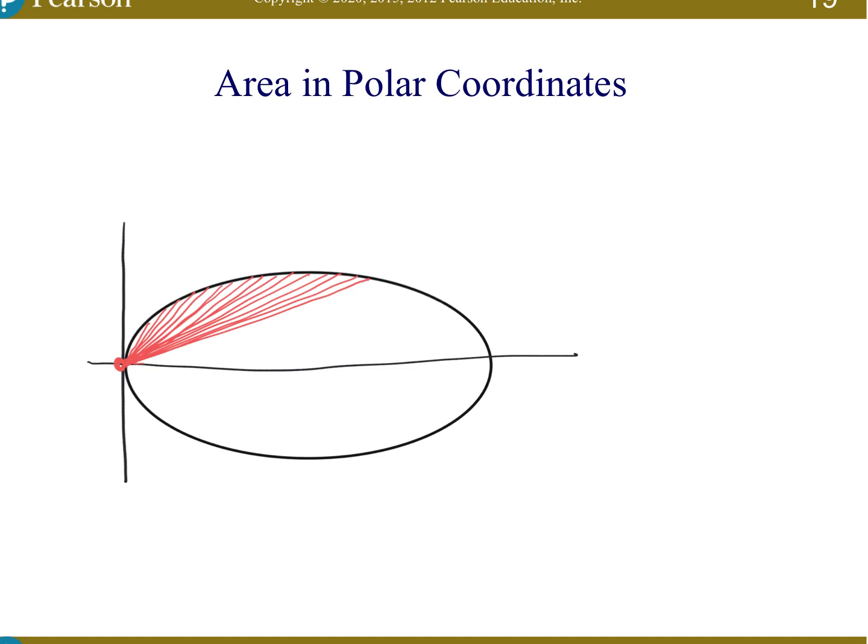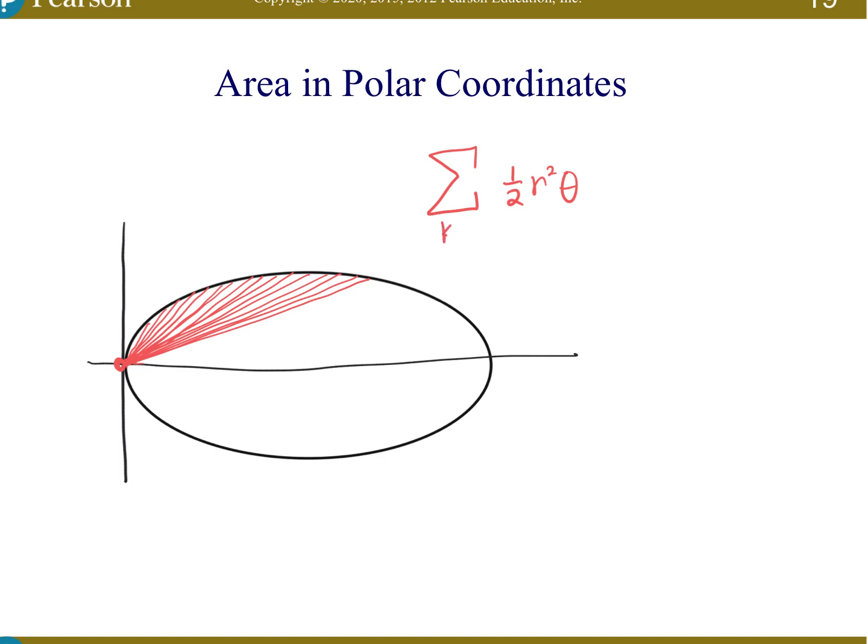So what we're doing is we're taking one sector. So remember, one sector is 1/2 r squared theta. That's one sector. We're adding up all the sectors, so we use sigma.